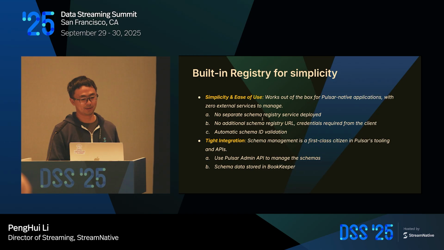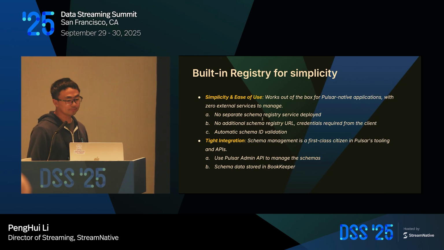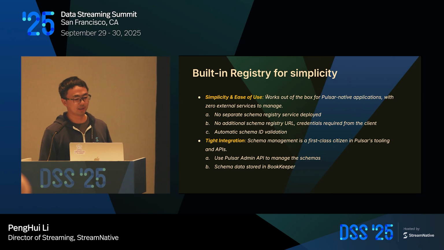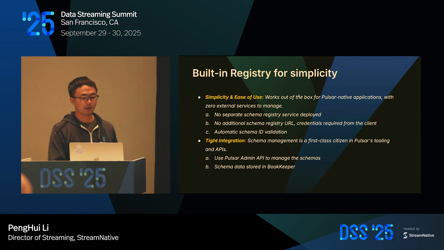If we look at the built-in schema, it's designed for simplicity for users. You don't want to deploy so many independent components to handle schemas. Everything works out of the box with Pulsar native applications. It also has automatic schema ID validation.